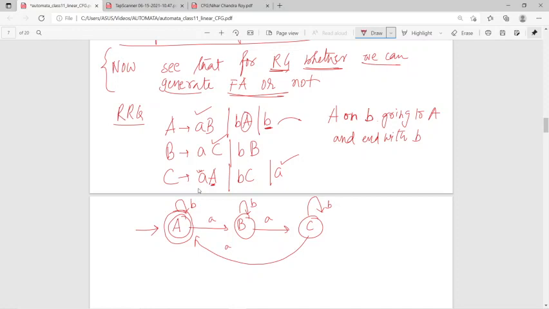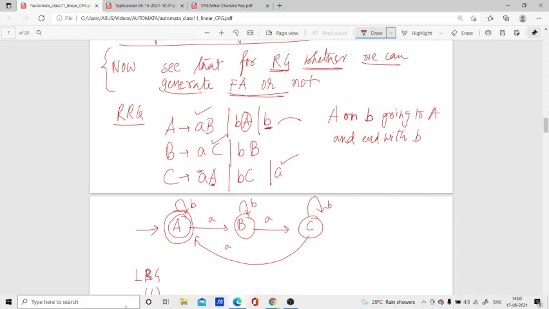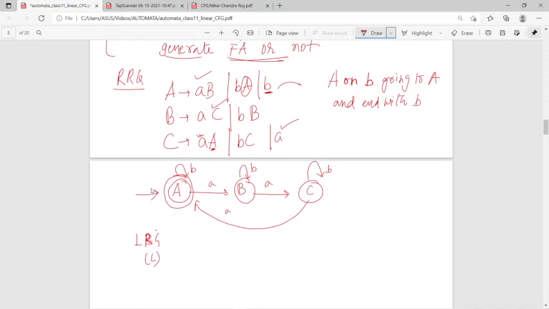So the thing is, if we are given a left regular grammar that generates the language L, and we reverse it, we will get the right regular grammar, which will generate the reverse of that language.